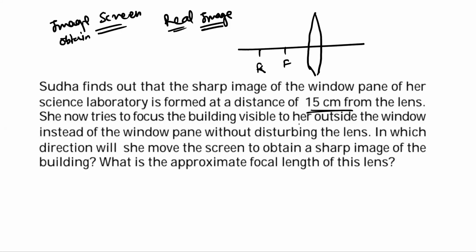Now read the question and please answer me. Here the screen is at this position, this is also focus F2, and this is also the radius of curvature. Where should the screen be placed, away from the focus or towards the focus? And what is the approximate focal length of this lens?